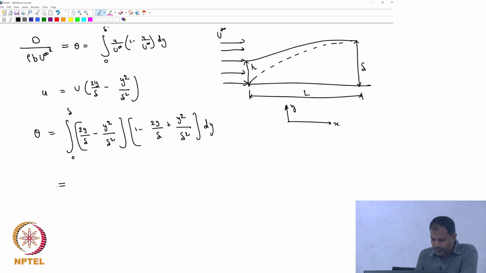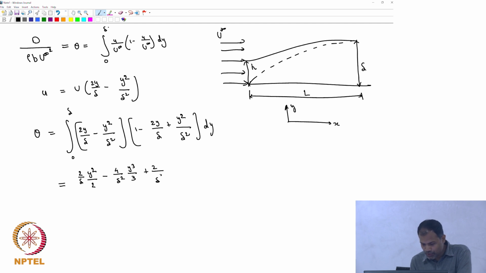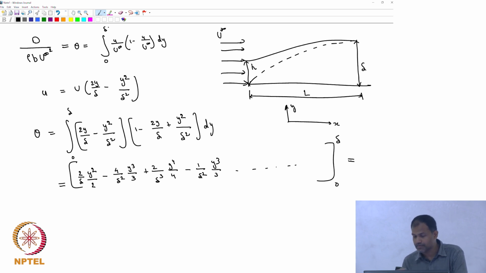You could go ahead, multiply and integrate: 2y by delta into y is y square by 2, minus 2 into 2 by delta square y square, that's y cube by 3, then plus 2 by delta cube y cube, that's y raised to 4 by 4, minus 1 by delta square y square, that's y cube by 3, and so on. Keep doing all of them and apply your limits and see what you get. 2 by 15 delta.